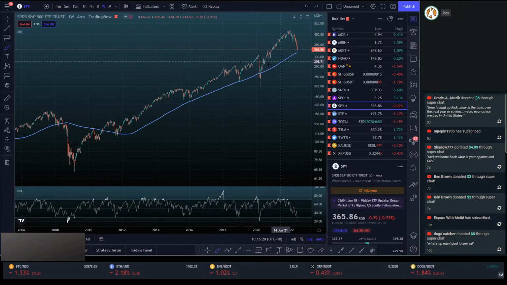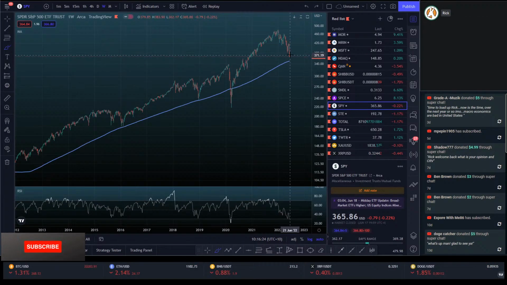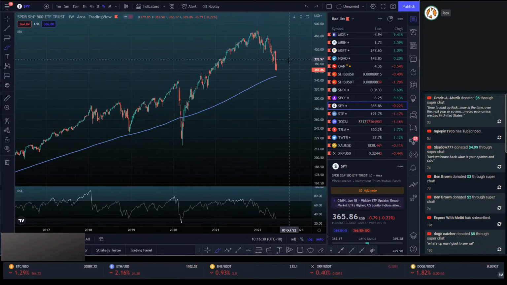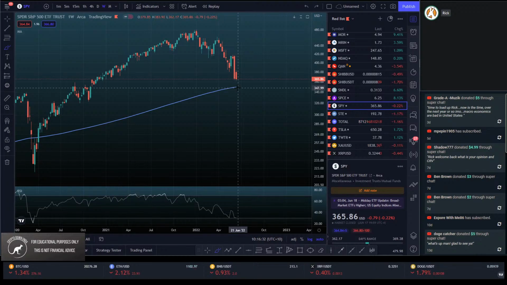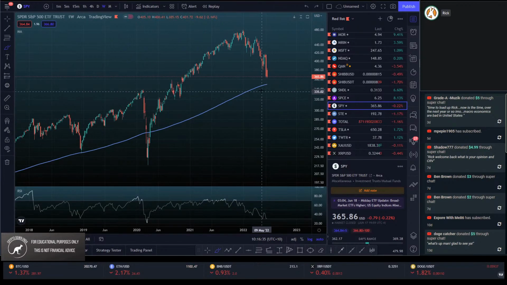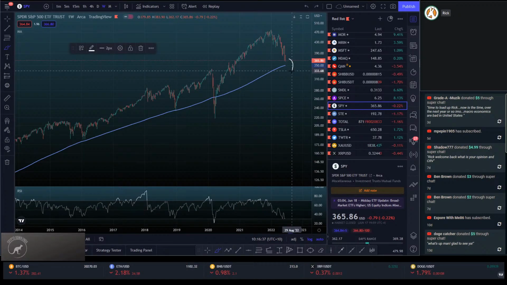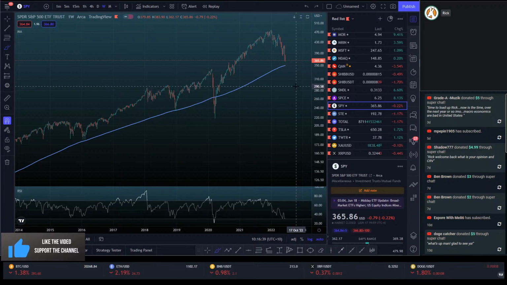But the recovery was pretty explosive off that. So will we get another moment like that again where it springs out? See, the S&P hasn't even come into contact with the 200 weekly moving average yet, so there could be some more selling to come in the stock market, but we'll see how it goes.